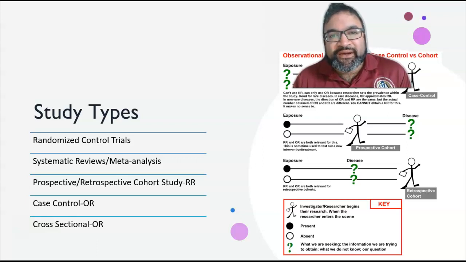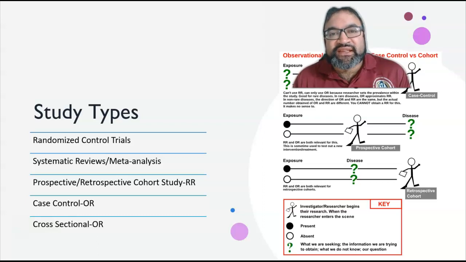Then you have something called cohort studies. So this can be prospective or retrospective, and this is looking at longitudinal time periods. Then you have case control studies. And in these case control studies, you have controls at a higher rate than cases, and so you can control the two and understand what is going on.